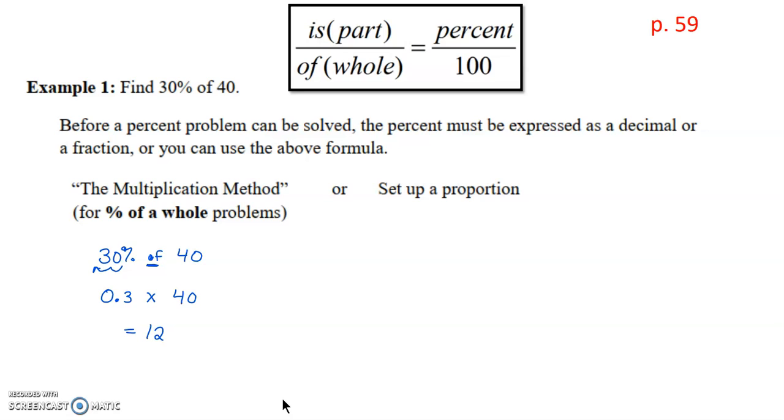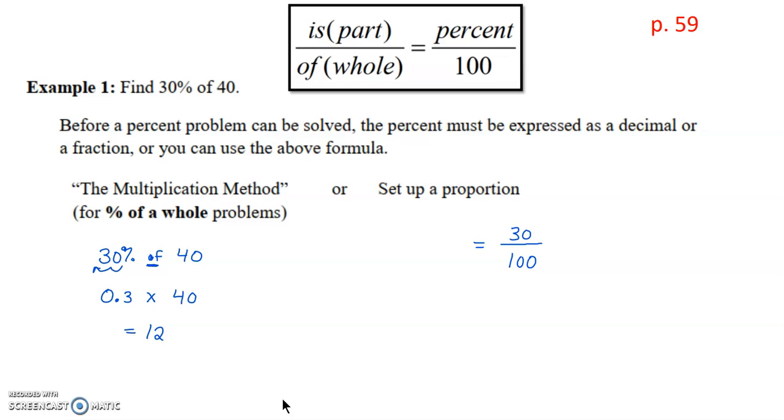So for our proportion, on one side is going to be the percentage. So what we want to know is we want to know 30% out of the 100. So on the percent side, we always have our percentage laid out. And if we don't know our percentage, then that's what we're going to be solving for.